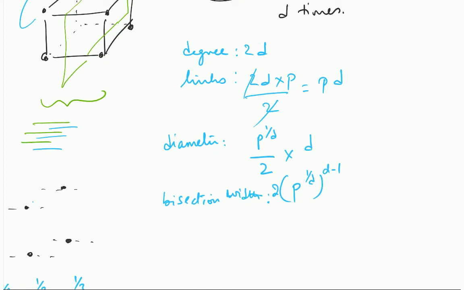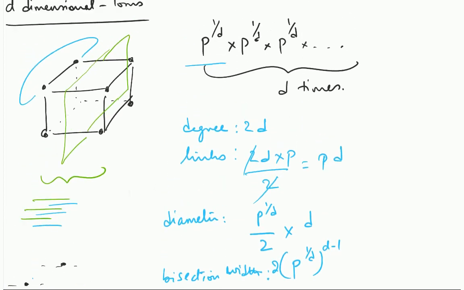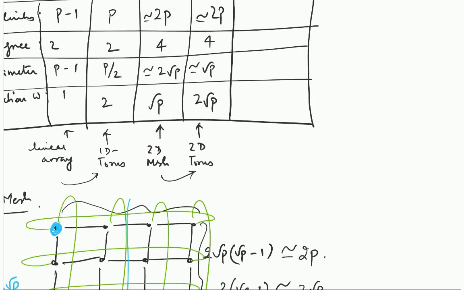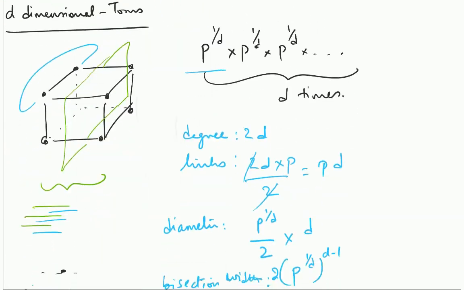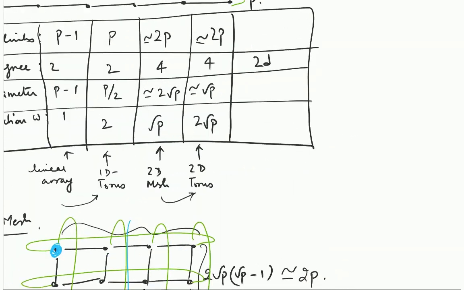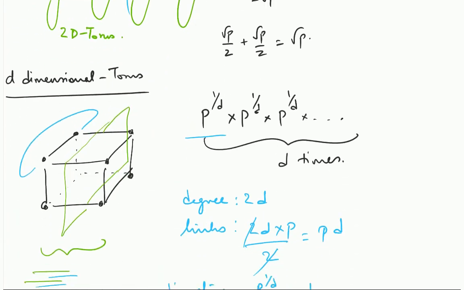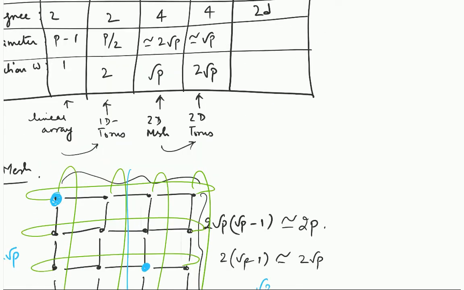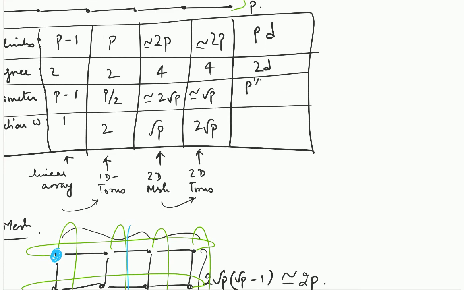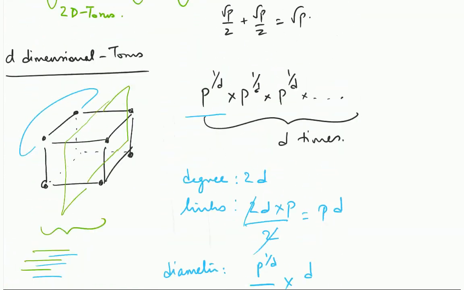Okay, so let's capture this and then let's have a quick look. So degree is 2D, number of links is roughly pd, diameter is d into p to the power 1 by d by 2, and what is the bisection width? 2p to the power 1 by d minus 1.